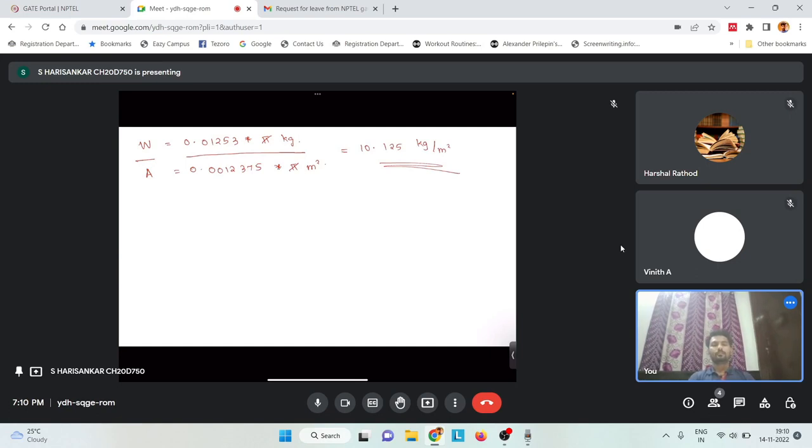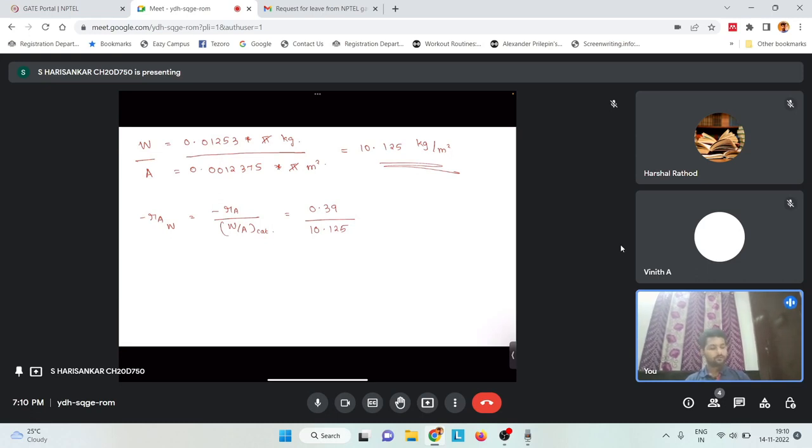So now our reaction rate in terms of kilogram of catalyst. So let us denote it as minus r A W. This will be the given reaction rate divided by W by A of catalyst. So this will be 0.39 by 10.125 kilogram per meter square of catalyst.